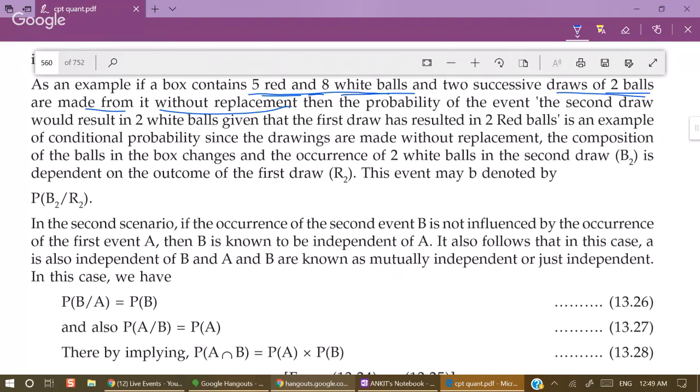So now the remaining deck has 51 cards only. And if we make another draw from that remaining deck, then probability of occurrence of a particular card will change.